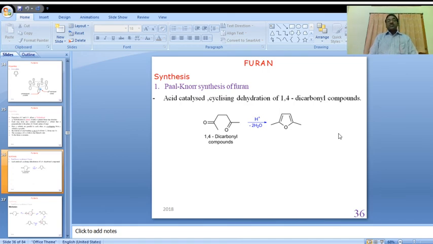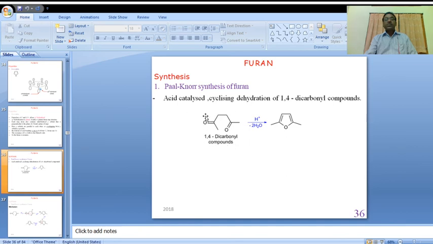Paal-Knorr synthesis of furan: acid-catalyzed cyclizing dehydration of 1,4-dicarbonyl compounds. Here also cyclization takes place. In the 1,4-dicarbonyl compound, if it is the first carbonyl, it may be 1, and 2, 3, and the 4th carbonyl.